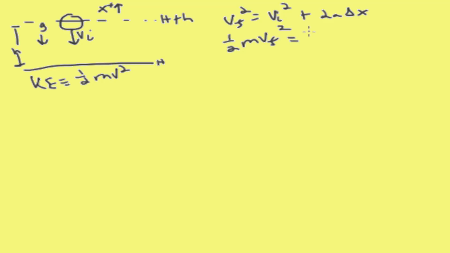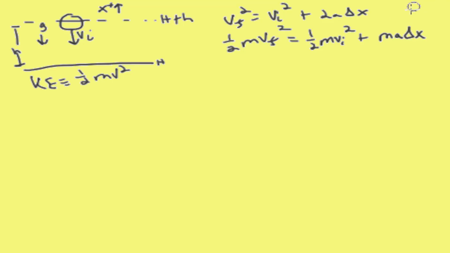We can write our kinematic equation as 2a delta x, and we can remember that the kinetic energy of a particle is defined as 1/2 mv squared. So we'll multiply both sides by 1/2 m. So we get 1/2 mv squared equals 1/2 m v initial squared plus m a delta x.